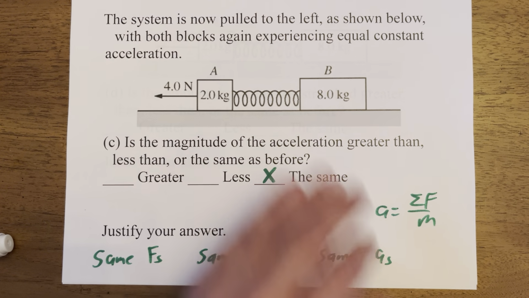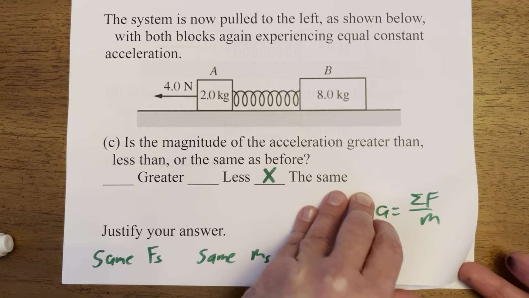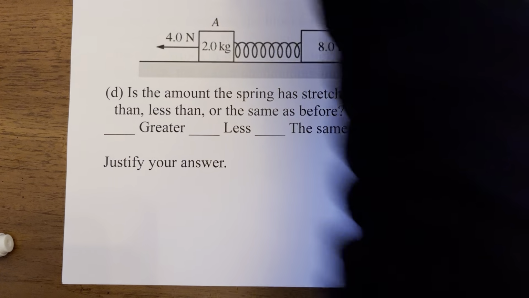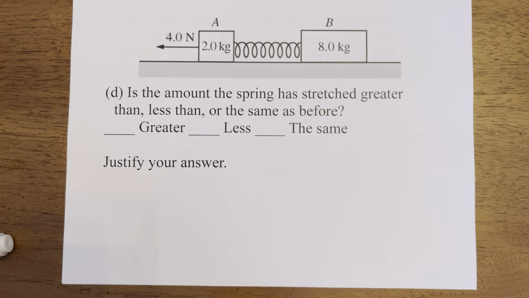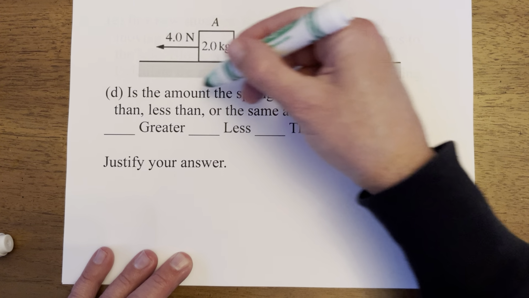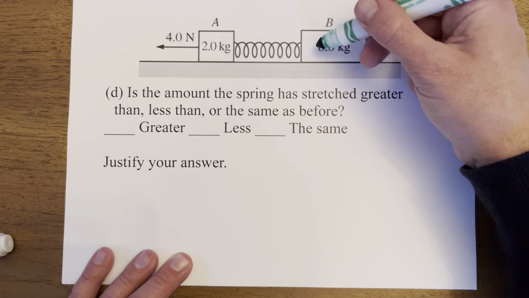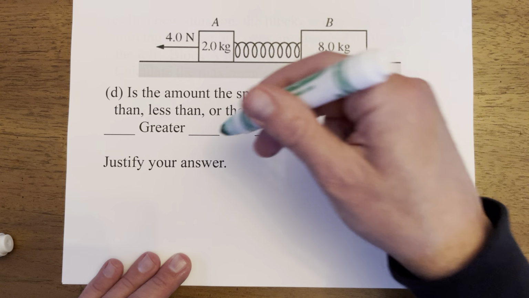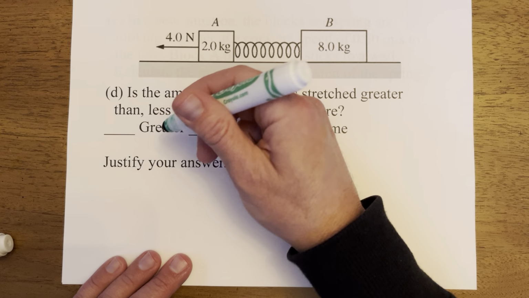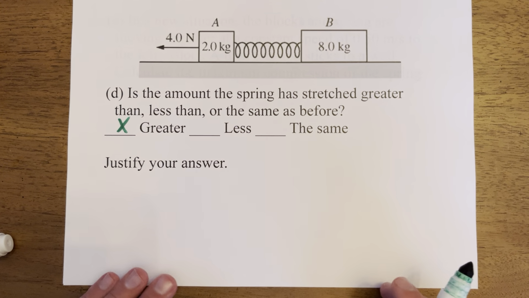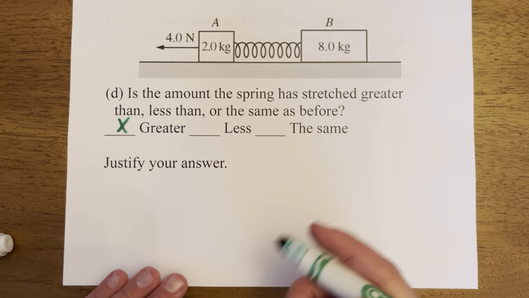All right, so the whole system will still accelerate the exact same value as before, which we never even actually found so far. But anyway, now it says, is the amount that the spring stretched greater than, less than, or the same as before? This one is going to be greater. And let's use our physics court argument again.